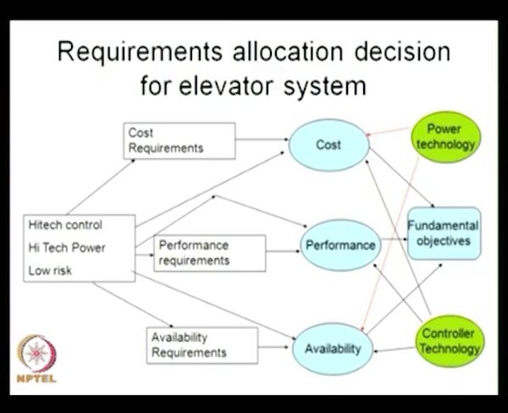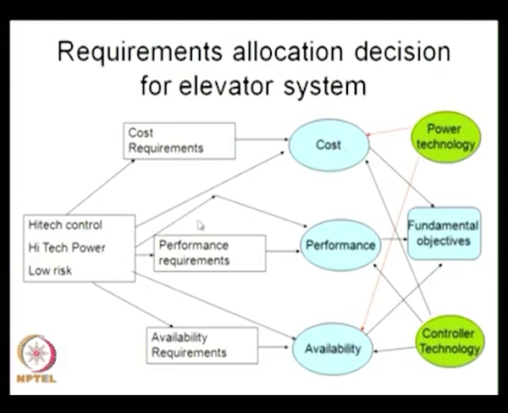So you can see here that the main decision box has got three parameters: high tech control or high tech power, and then three chances. Any decision we take over here is going to affect the cost, performance and availability. So these are the three chance nodes we have here.